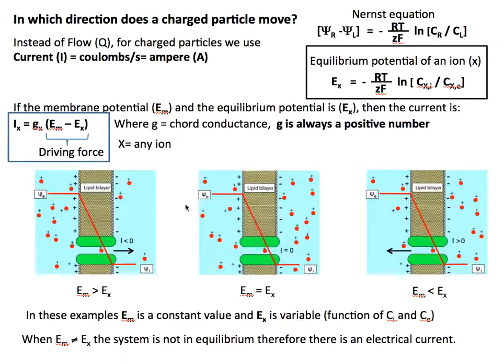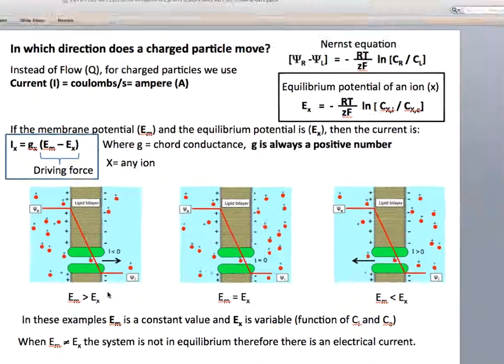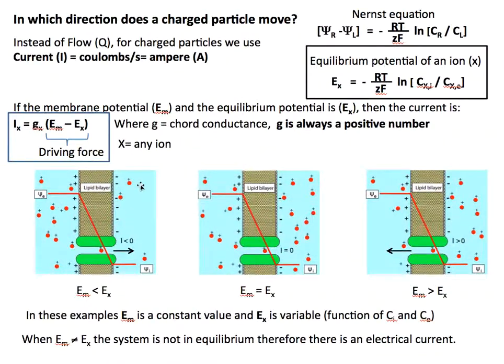So this slide has a typo, I believe. So let me just go through this. What this is trying to show, this is where the typo is. The left-hand side, the right-hand side, if EM is less than EX, actually. Excuse me. So if EM is less than EX here, then you will have a negative current. So let me go over this.